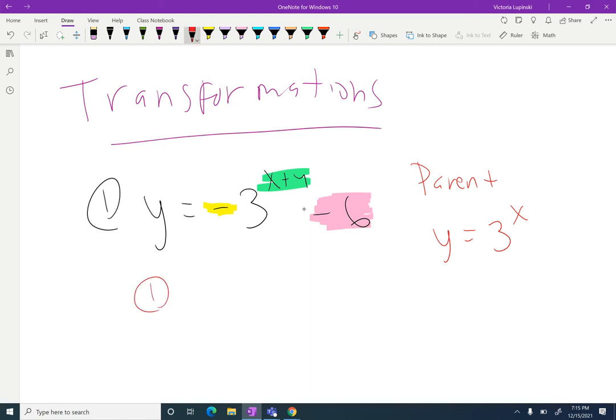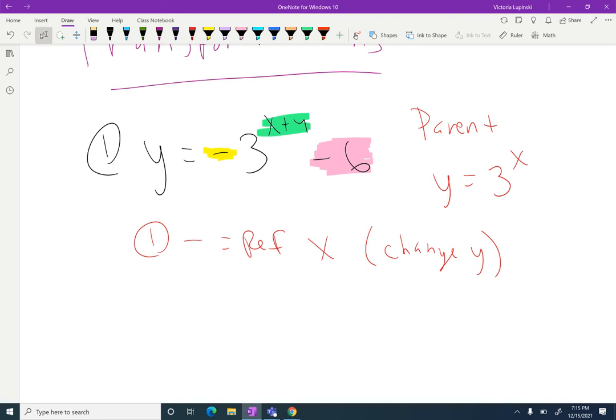The first thing that's happening is that the negative is a reflection over the x-axis. When you reflect over the x-axis, you have to change the y values. The second change is the minus 6. That means down 6.